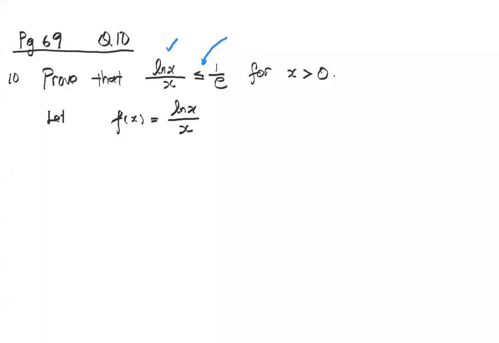Oh, okay, you are using trial and error. If you prove that when x equals 1, f(1) is less than 1 over e, then I will ask you, how about x equal to 5? How about x equal to 10? How many are you going to try?